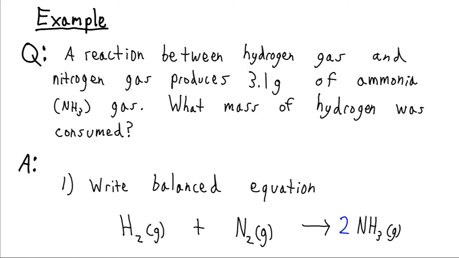Okay, now we have 6 atoms of hydrogen on the right, and we have 2 atoms of hydrogen on the left. So we can fix that by stipulating that we have 3 hydrogen molecules instead of just 1 hydrogen molecule. And now we should have 3 times 2 is 6 hydrogen atoms, 2 times 3 is 6 hydrogen atoms. So this is our balanced equation.